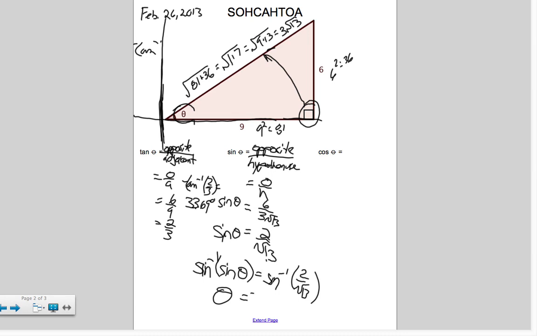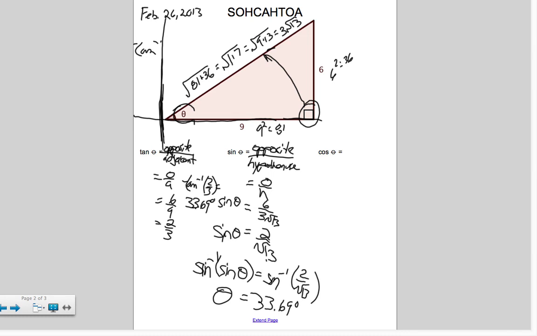Mind blown. So using sine, we got 33.69 degrees.